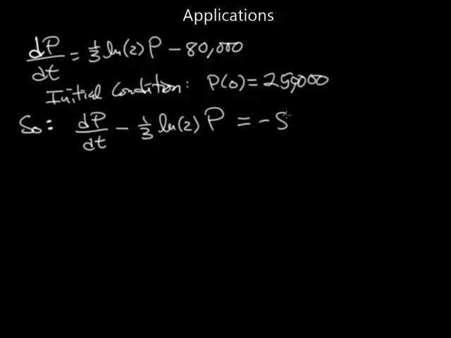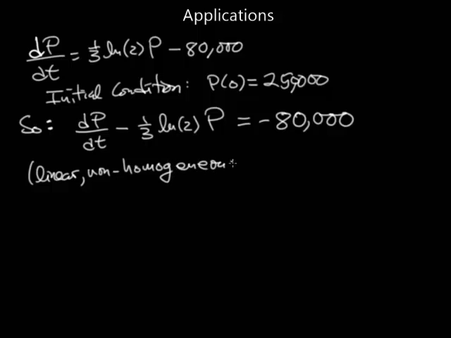This is first order linear: dP/dt minus the constant times P is equal to minus 80,000. And this is linear, first order, non-homogeneous. So remember, you solve this by multiplying both sides by an integrating factor. And the integrating factor in this case is very easy.